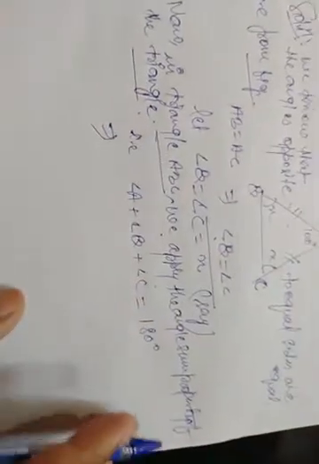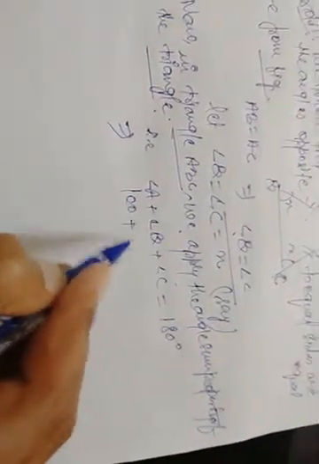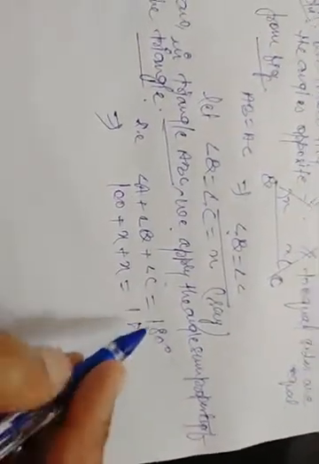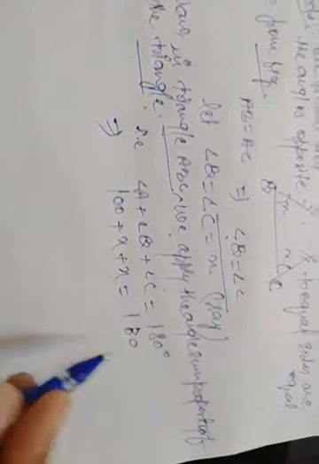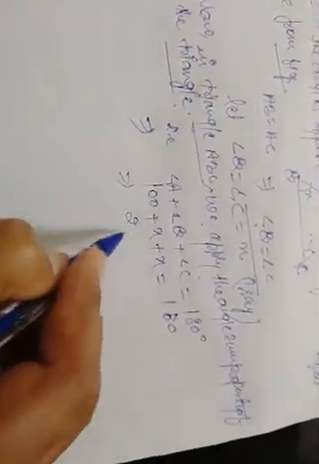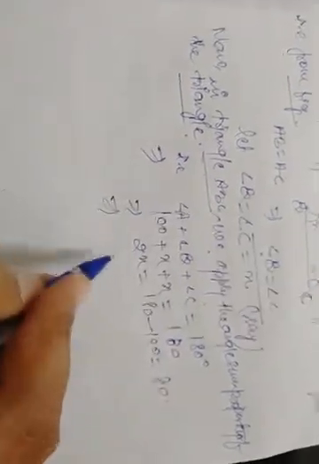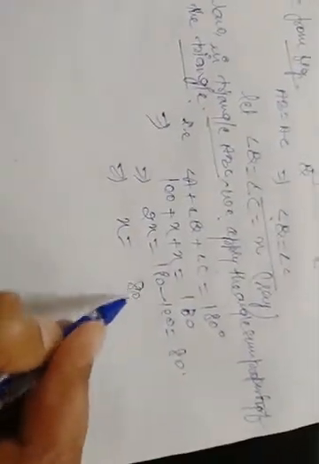So putting all the values of angles A, B, C, we get 100 plus 2x is equal to 180. So we have 2x is equal to 180 minus 100, that is 80. So the value of x is equal to what? 80 by 2.